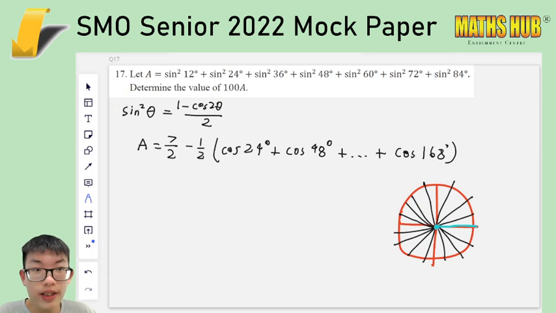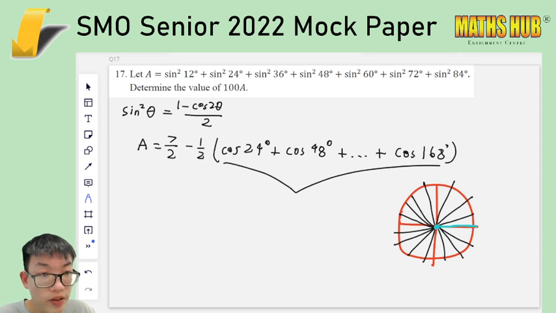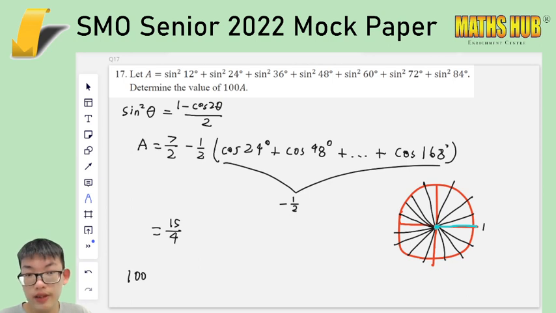So with that in mind, this is pretty easy to calculate because cosine 0 is 1. So the top half and the bottom half have to be negative half. And so 7 over 2 plus 1/4 is 15 over 4, and 100A would be equal to 375.